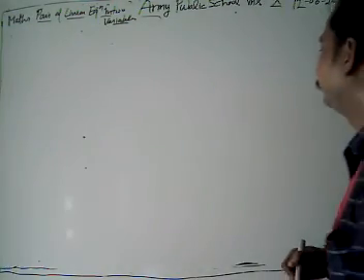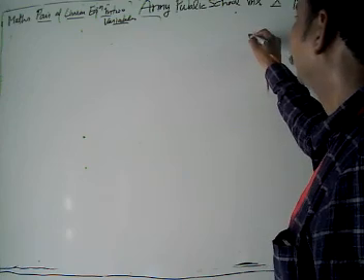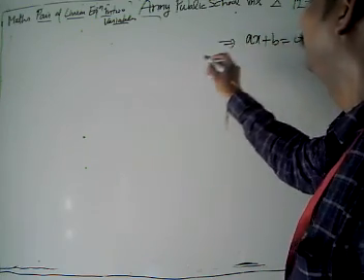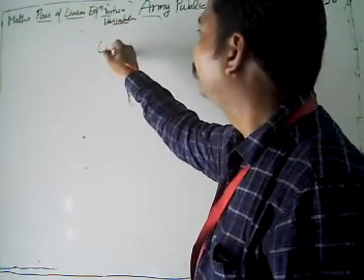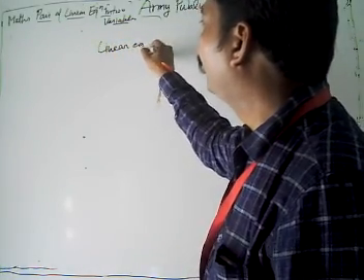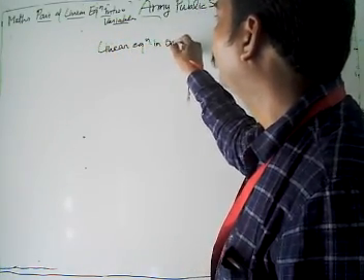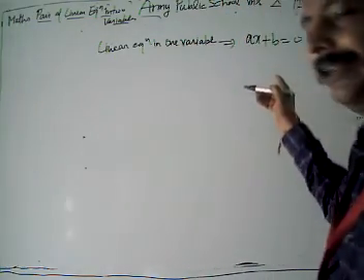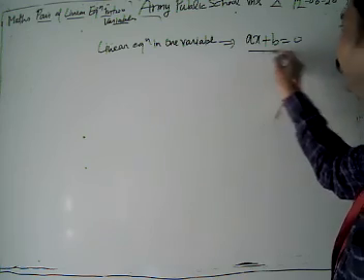Again, what is this? ax plus b equal to 0. This is our linear equation in one variable.